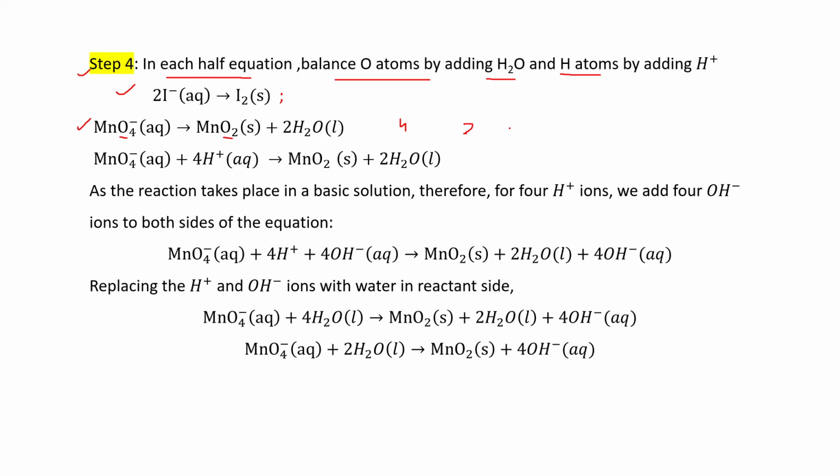So on the product side we will add 2H2O to make oxygen equal. Okay, then make the hydrogen atoms equal, and this is in basic medium. But as we have discussed, first of all we balance the hydrogen atoms by adding H plus ion.